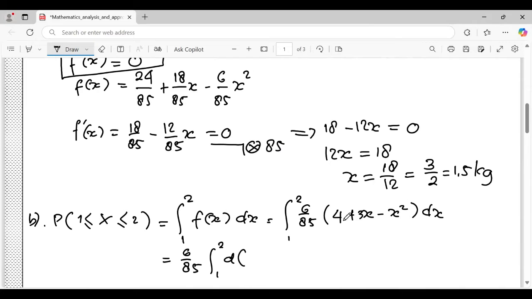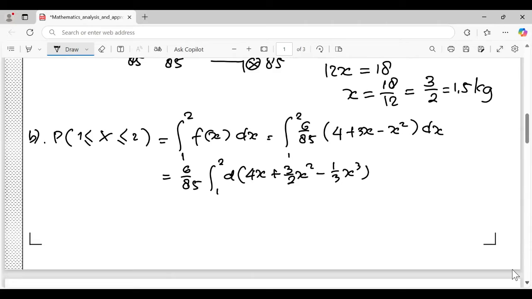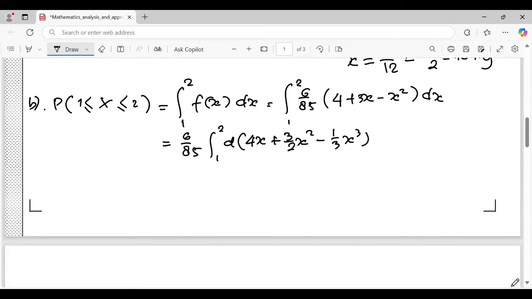And the integral of this expression is 4x plus 3 half x squared minus 1 over 3 x cubed. Okay, and after that, substitute 2 and 1 into this expression.